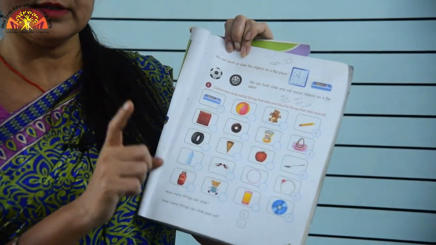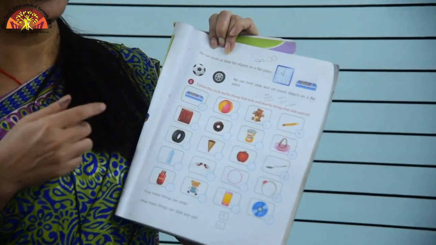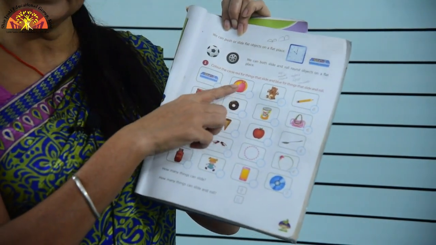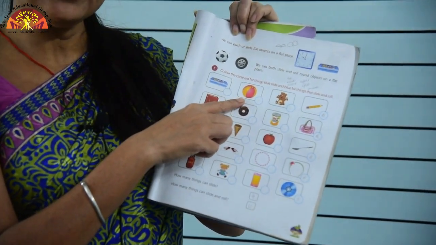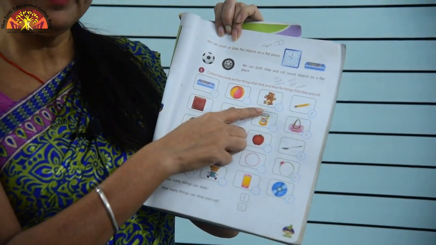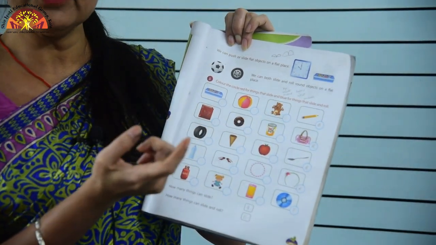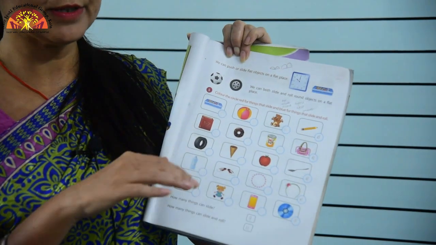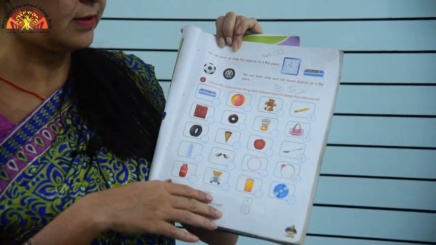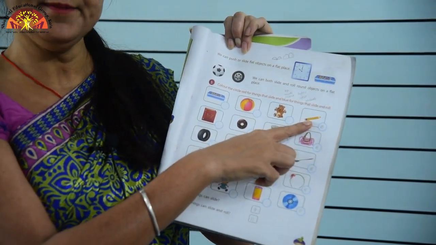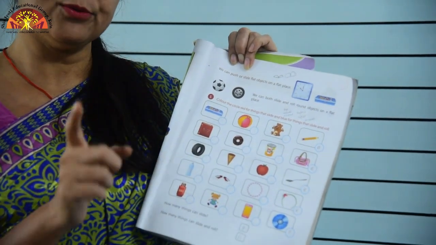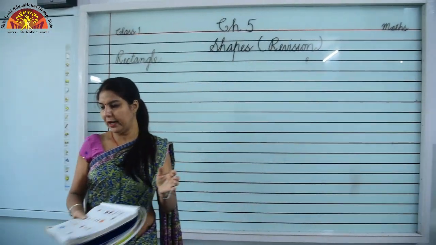This box is having flat surface, so it will slide. Ball, it has round surface, so it will roll. If you push teddy bear, then what it will do? It will slide because it has a flat surface. And what about the pencil? Pencil can slide and roll both. I hope you have understood.